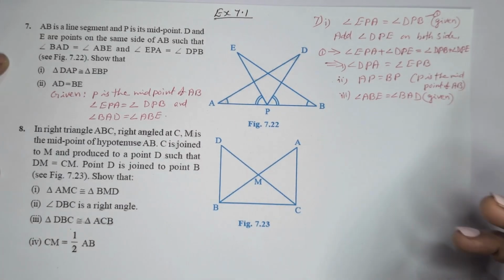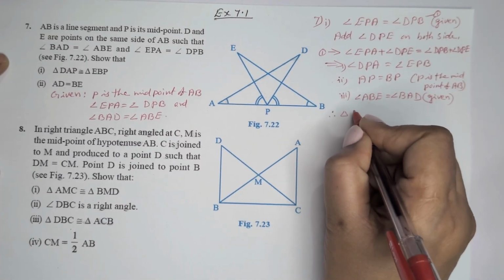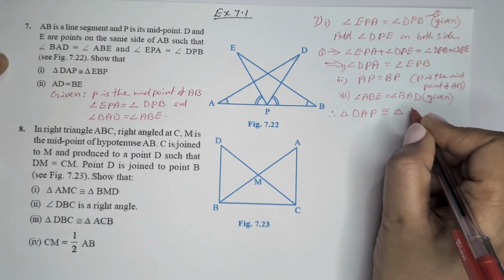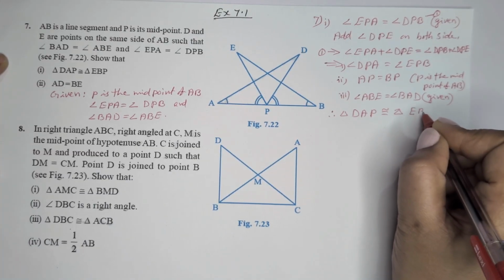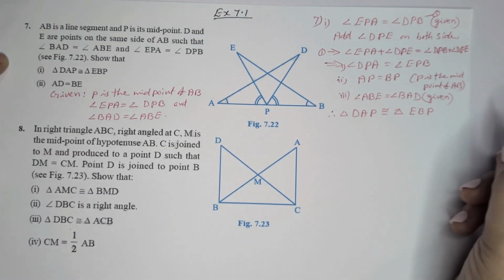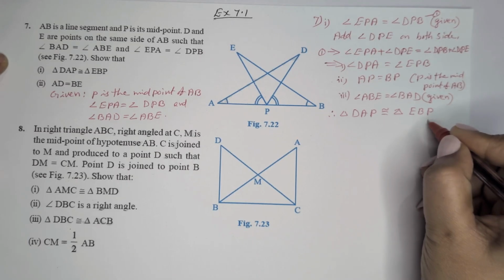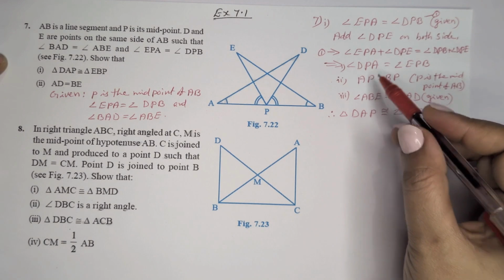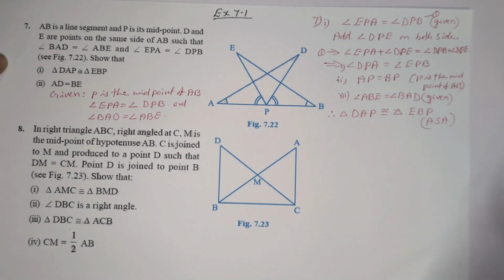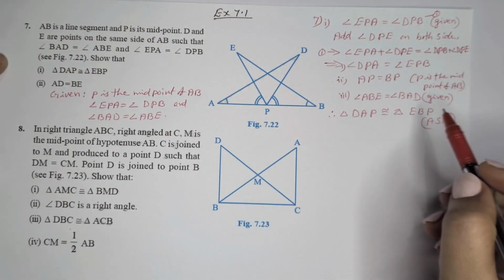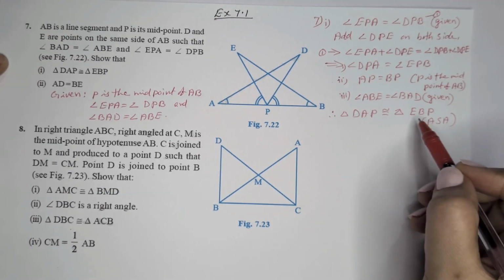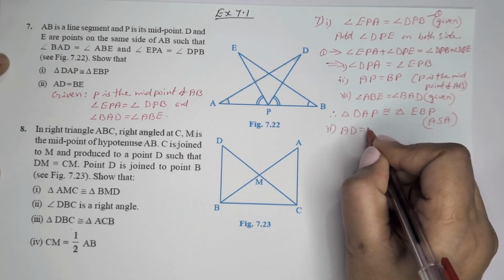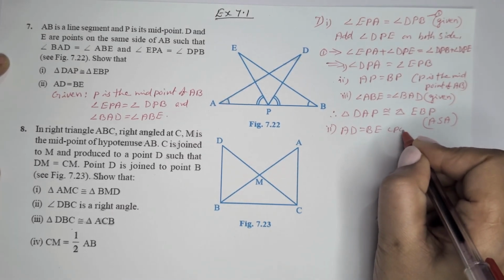Now by using these three conditions we can write triangle DAP is congruent to triangle EBP by ASA congruency, two angles and one side. That's the first part. Then AD is equal to BE. Second part, AD is equal to BE, that is CPCT.